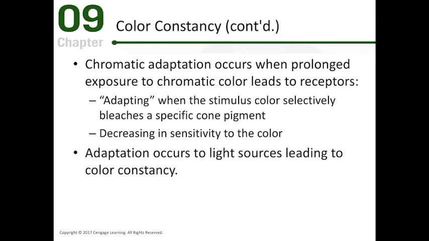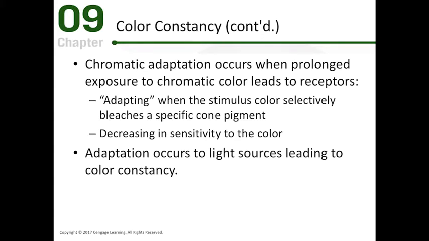And now chromatic adaptation is also an explanation for why, in certain cases, the color may hold constant, but it might degrade a bit in saturation. We call this chromatic adaptation when we are exposed to a chromatic color, so anything other than white, black, and gray, and we adapt to this color because our cone pigment bleaches.